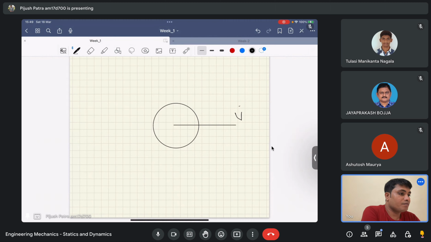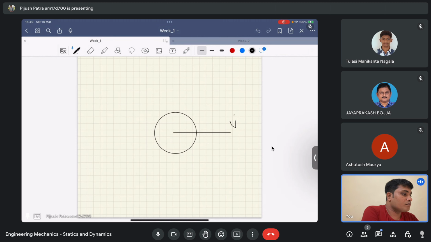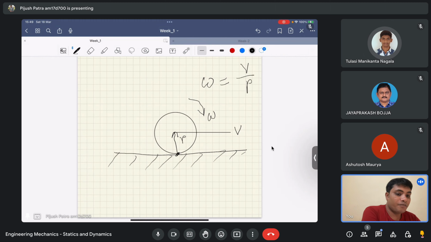Sorry. So if this is v and this thing is just the free surface and this is your point of contact, the distance from the point of contact to the center is r. So what is omega? Omega of the cylinder, omega is equal to v by r.